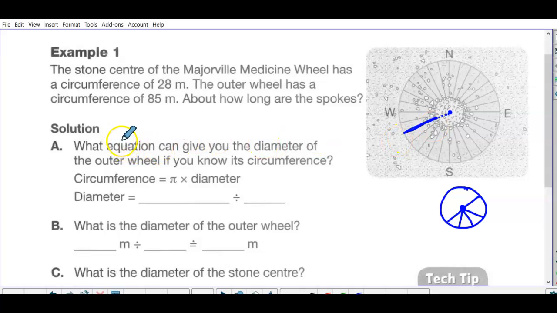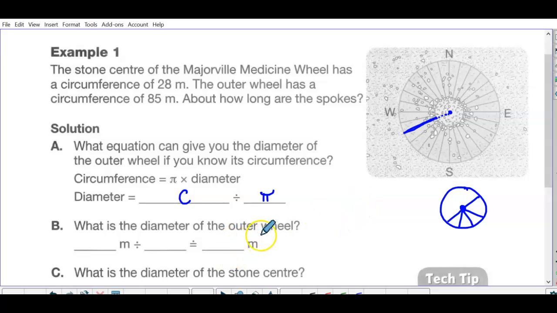It says, what equation can give you the diameter of the outer wheel if you know its circumference? Circumference is pi times diameter. So if we solve this for diameter, it's circumference, I'll just use C, divided by pi. That's what we're going to do for both of these circles. That will give us our diameter, and then we can get the radius.